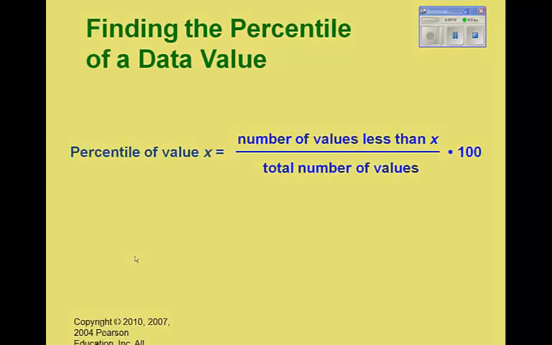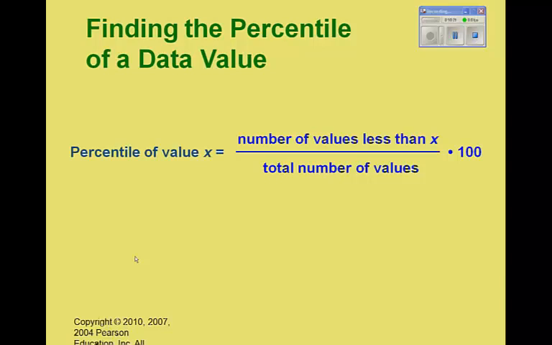And actually, it doesn't even have to be a value that's in the chart, but let's say it is. So let's say I have 8.2. Okay, guys, how many values are less than x? We're going to find the percentile. How many values are less than x?